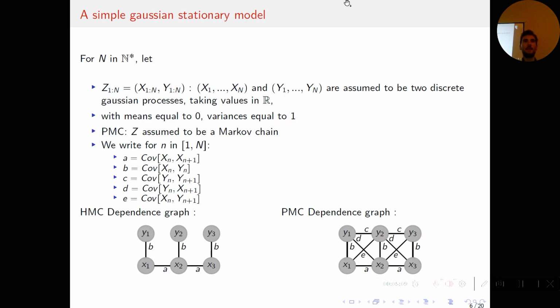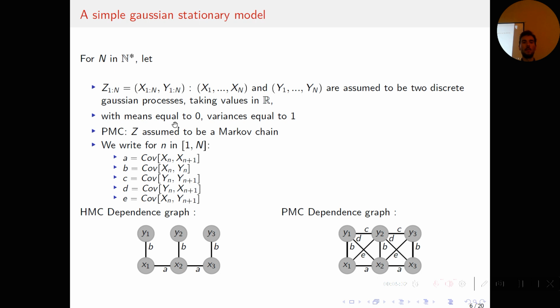So we can define our model, which is a particular case of PMC, a Gaussian stationary PMC, taking two variables, X and Y, assuming that they are two Gaussian processes, taking values in R, with means equal to 0 and variances equal to 1.